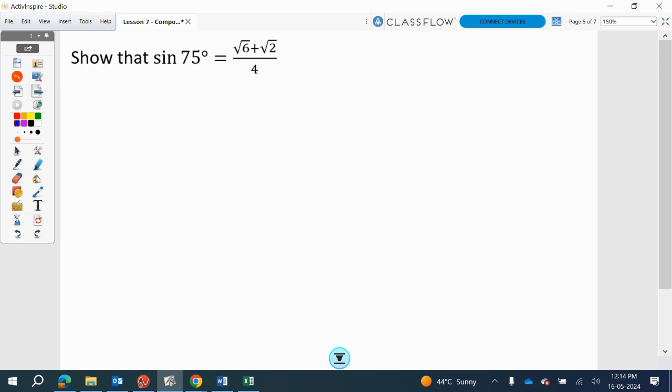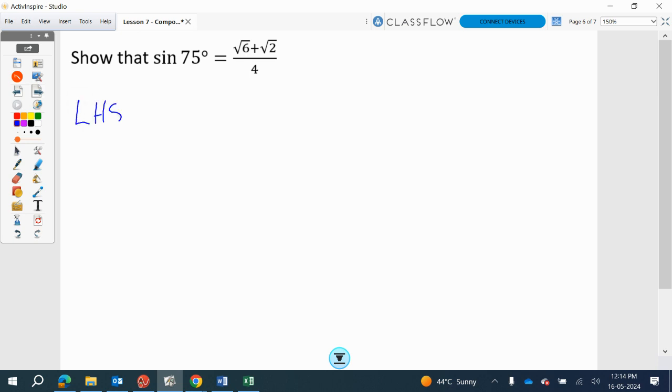In the online, show that sine 75 is this. Okay, so do we know the exact value for sine 75? We know the exact value for sine 30 and sine 45. Split it into 45 and 30. So do a left-hand side to right-hand side.